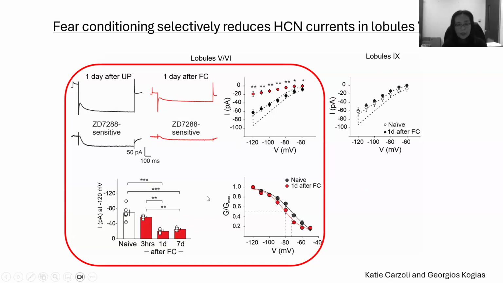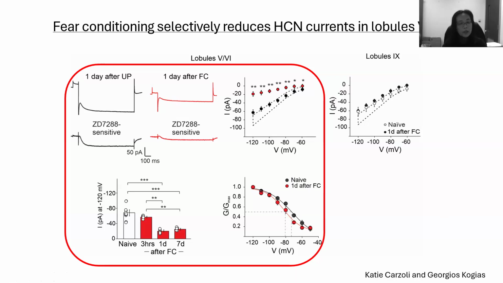And then if you look at the conductance-voltage relationship, which tells you at which potential the currents will be activated, in the naive animal, the half activation is about -70 millivolts, but after fear conditioning, it shifted leftward, becoming more hyperpolarized.